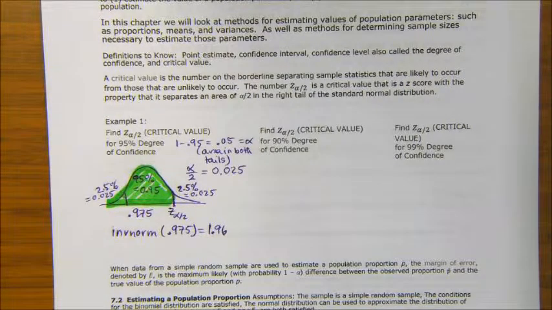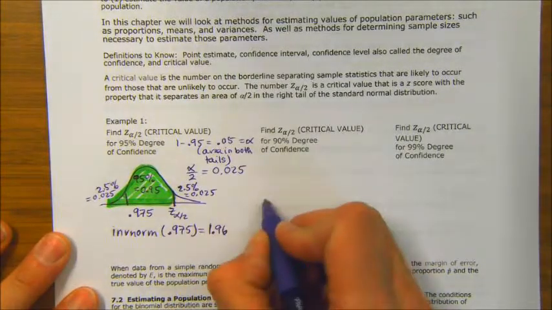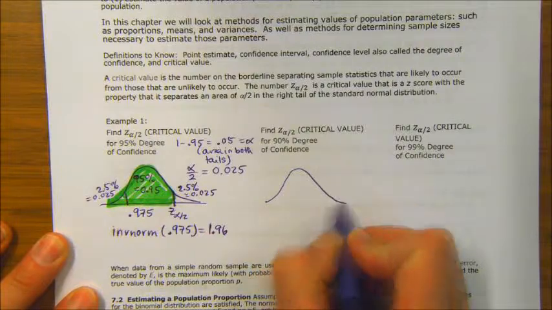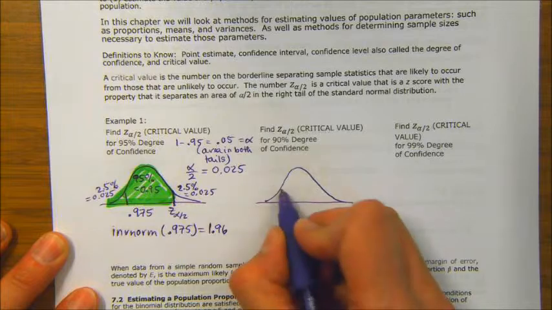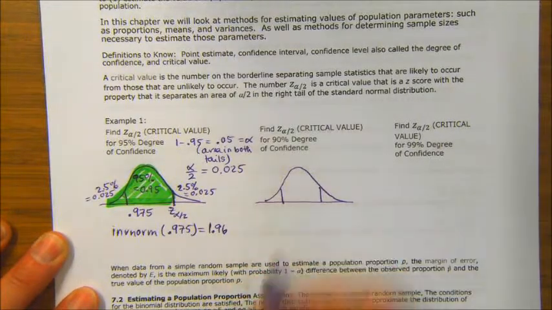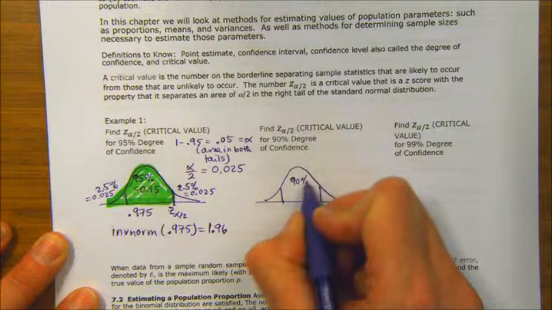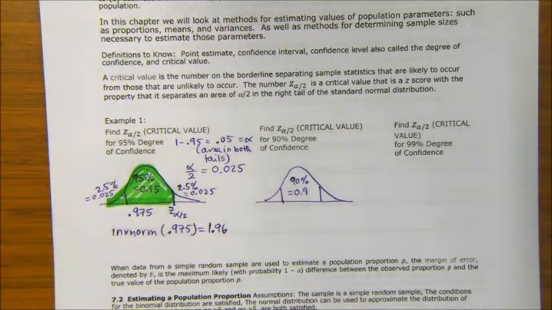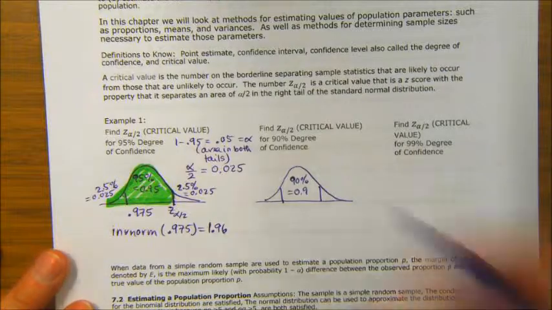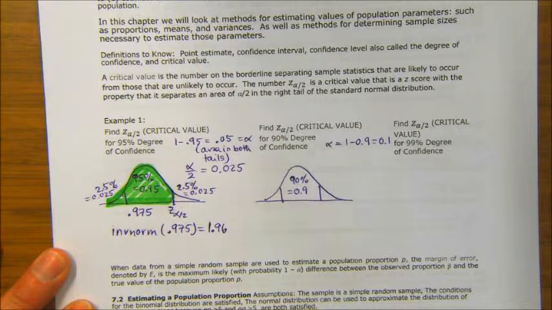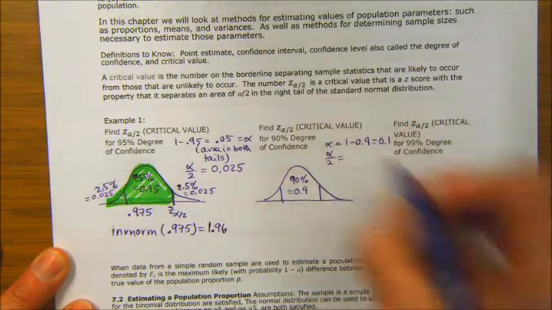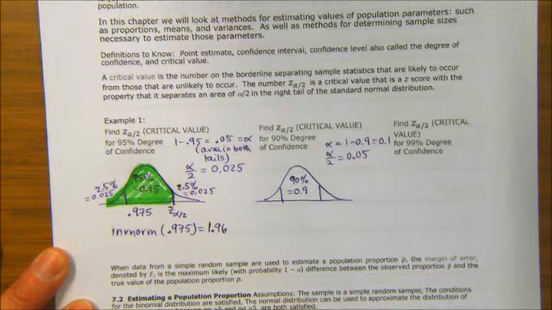So let's do the same thing for the 90% degree of confidence. Okay, what's the area in the middle? 90% in the middle, which is 0.9. What's the area in both tails? In both tails it is 0.1, and the area in each tail? 0.05, right? 5% in each tail, which gives you 10% total.